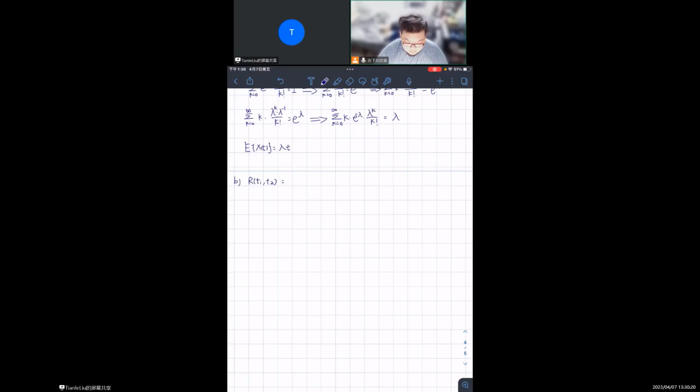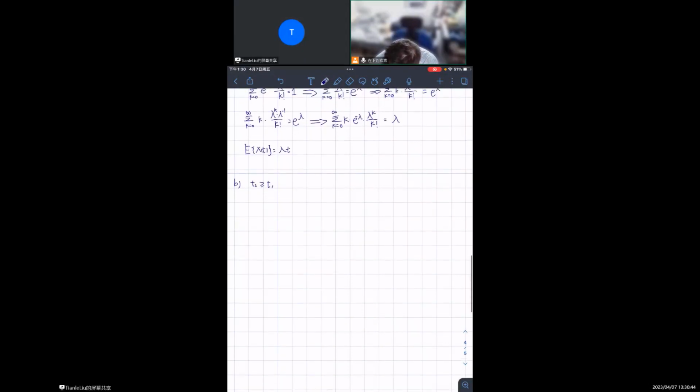And here's part B of problem 8. Firstly, we need to set the situation where t2 is larger than or equal to t1.